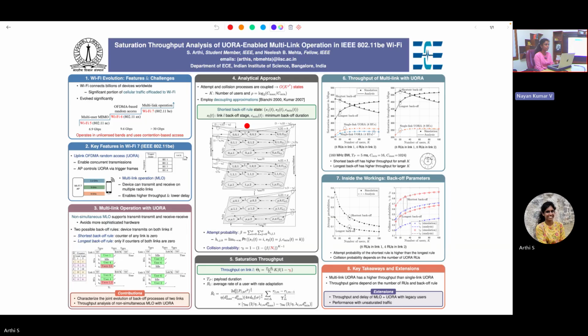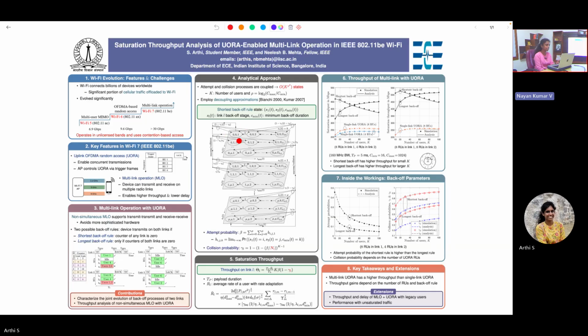Now let's look at the evolution from a state which is (0, 0, 1), where the backup stages are 0 for both links 1 and 2, and the backup duration is 1. It is the last TF cycle, and in that TF cycle, after the access point transmits the trigger frame, the users decrement their backup counters by the number of random access RUs, and in that trigger frame cycle itself, the users transmit.